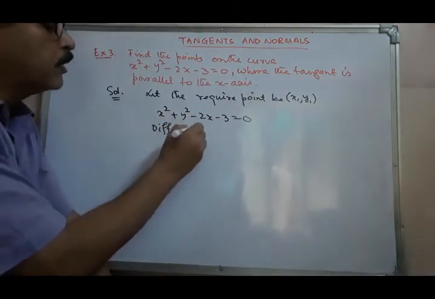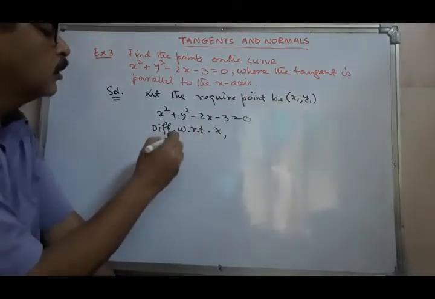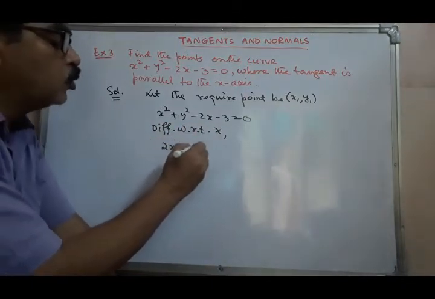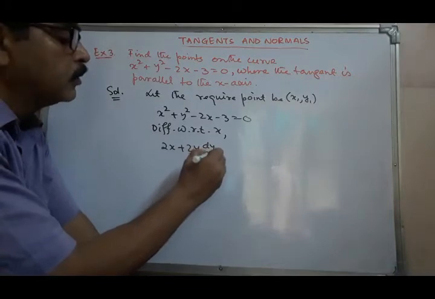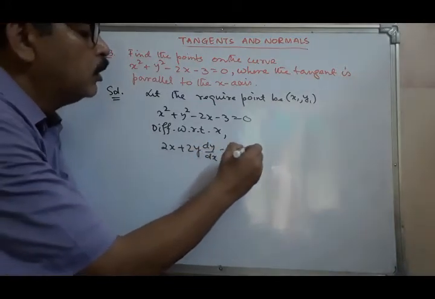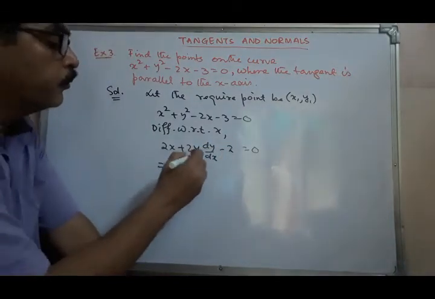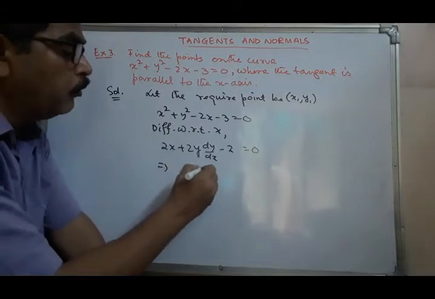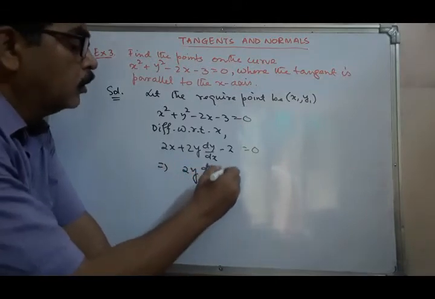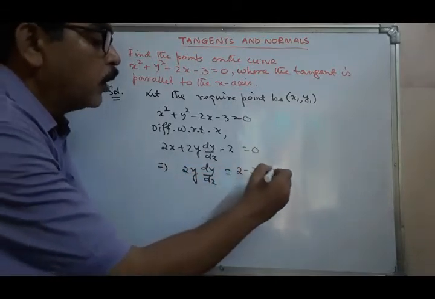Differentiating with respect to x, 2x plus 2y dy by dx minus 2 equal to 0. So therefore 2y dy by dx equal to 2 minus 2x.